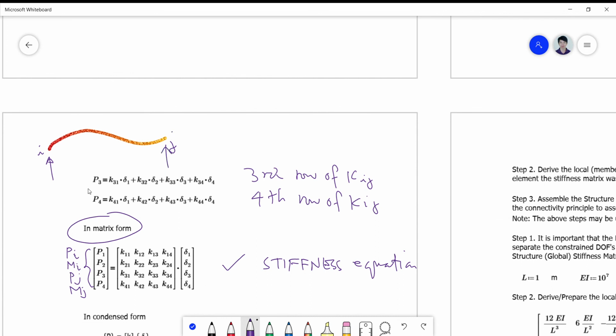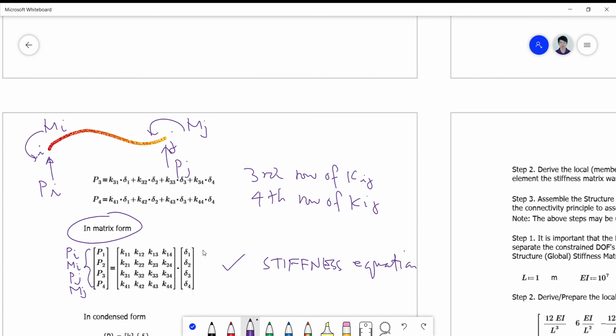So this is my P_I, this is my M_I, this is my P_J, this is my M_J. They are generalized in the sense that this can be a force and a moment.